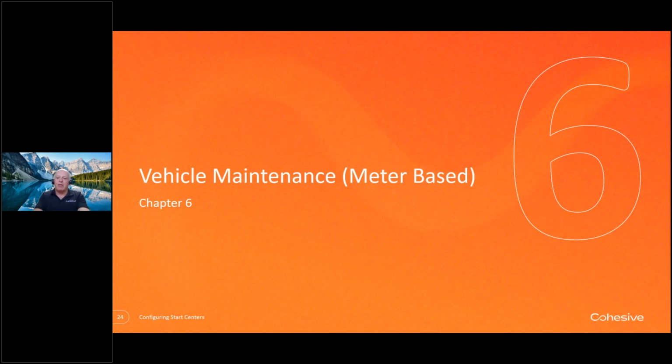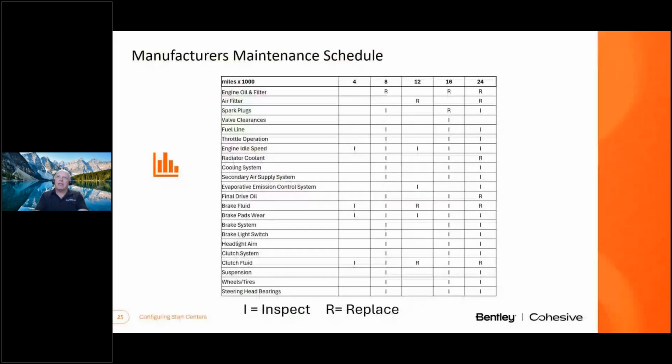Okay, so vehicle maintenance. The reason I threw this in is because this one's going to be based on a meter. Maximo doesn't care how you trigger the PM because it's using the PM counter to identify the correct job plan. Whatever you're using to trigger the PM changes the counter.